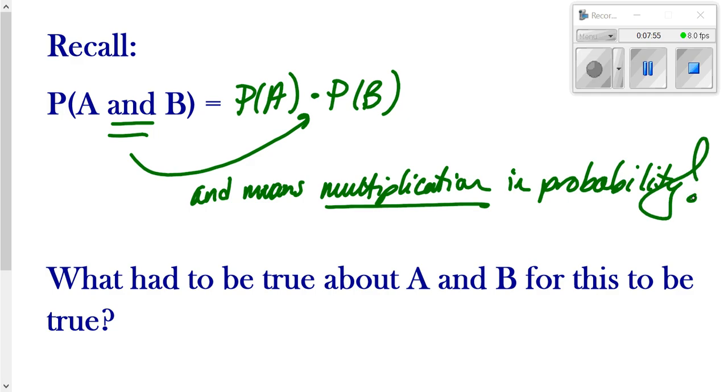Okay, so AND means multiplication in probability life. Okay, and we did this formula already. Now there was a condition on this. The condition was that the two events had to be separate from each other, and we called that being independent. So the probability of B is not affected by what happens with event A. Okay, so A and B had to be independent.